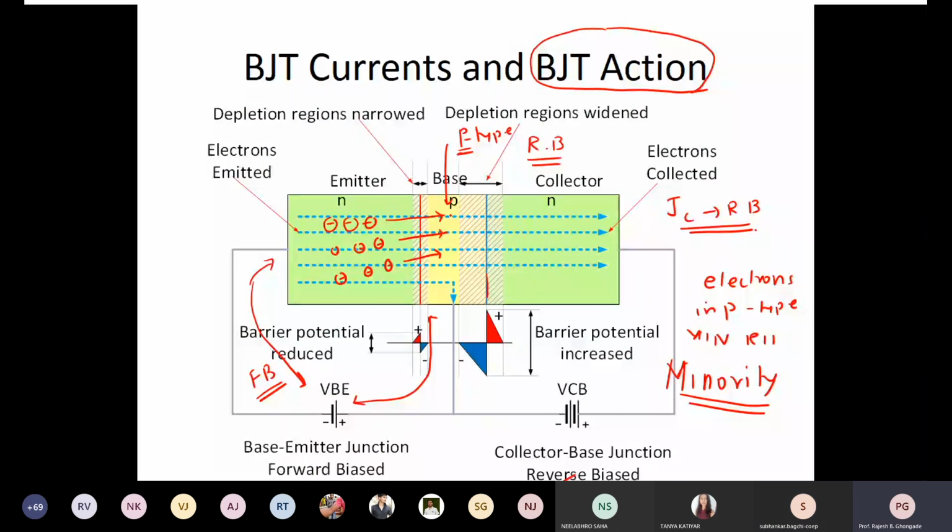Yes, it helps the flow of minority current carriers, and that is the reason why all the electrons will land up here. This is the crux. Have all of you understood this? Or do you want me to repeat once more?